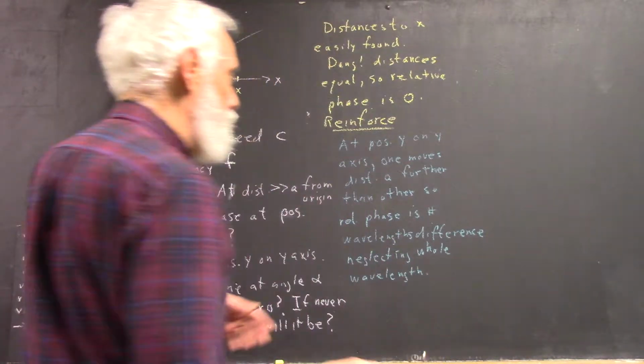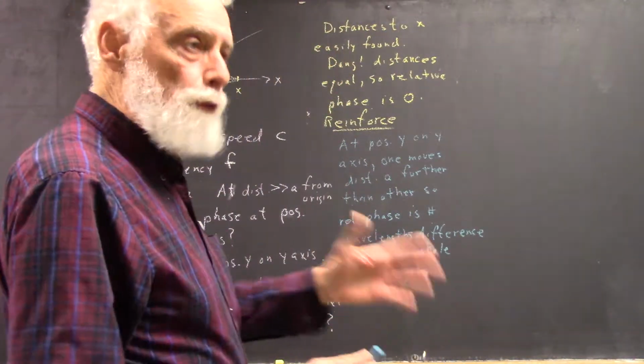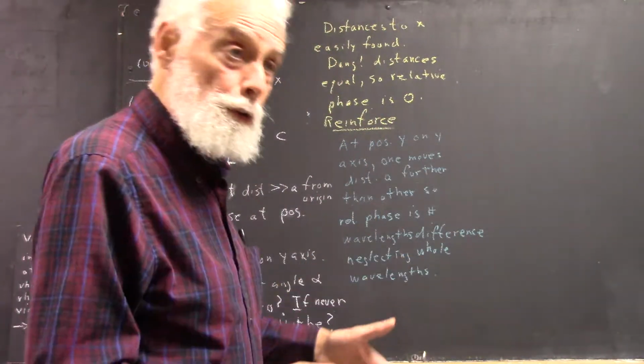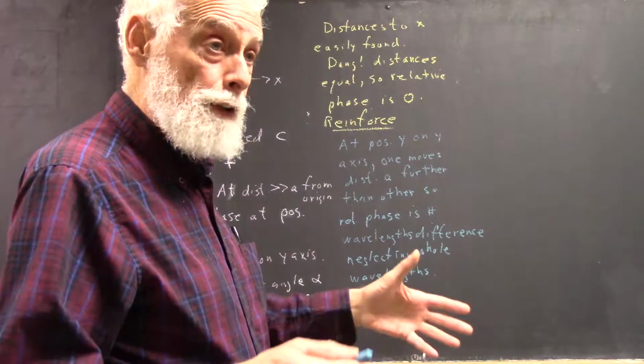Because every time you change by a whole wavelength, your phases return to zero, right? Relative phases. Whole wavelengths make no difference.